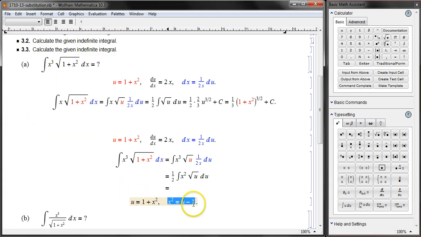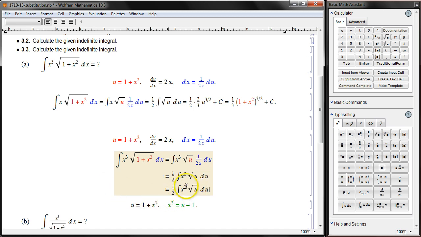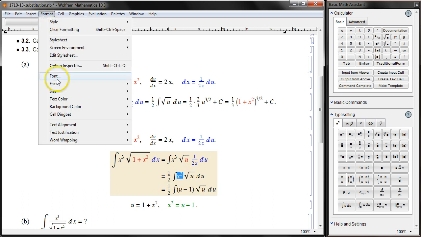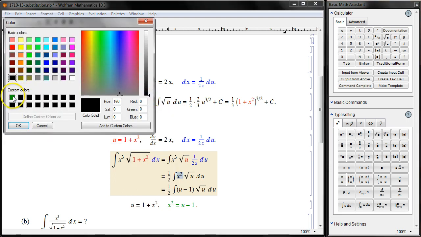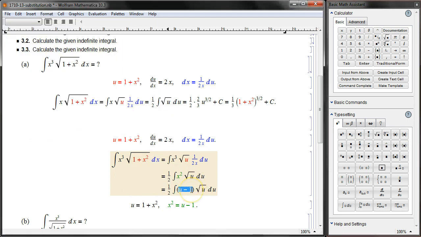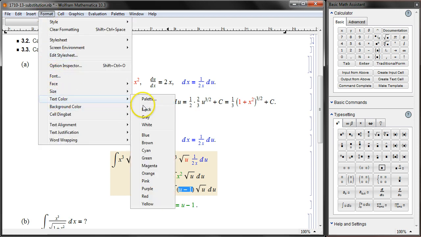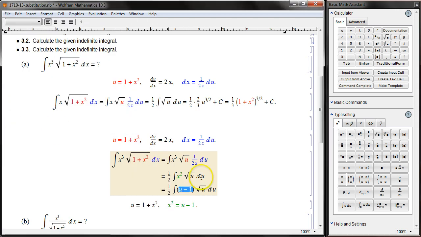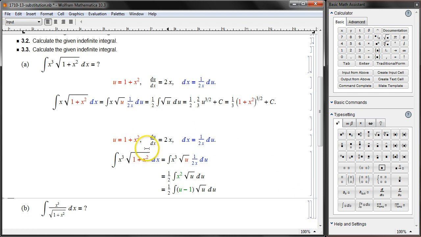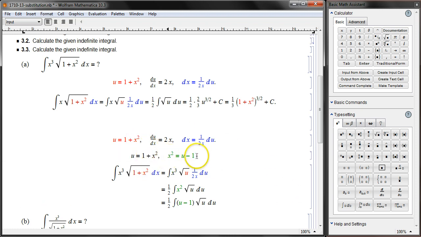In green. So this whole thing will become, let's use green here, and let's use green here. Finally, we successfully rewrote this as a u integral. Let's move it up there.